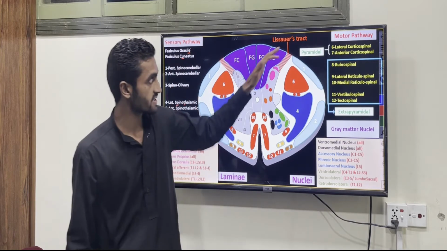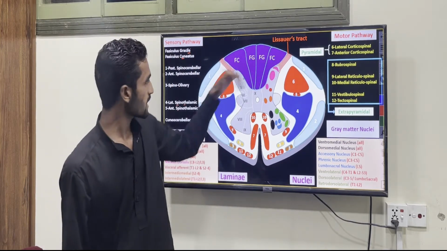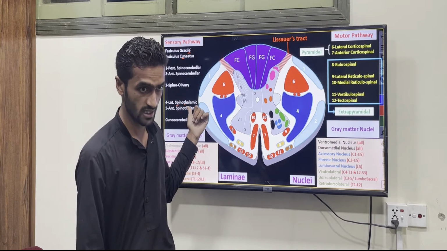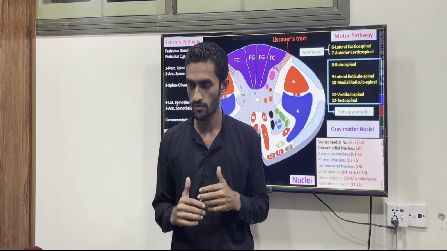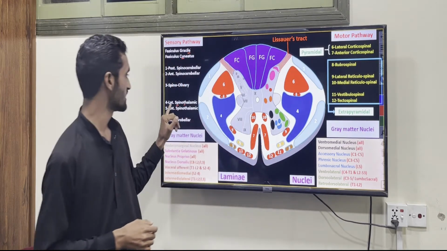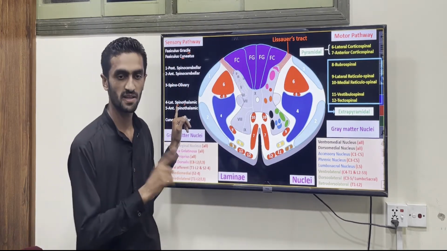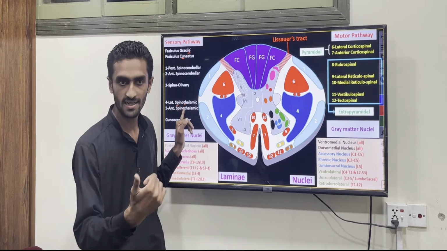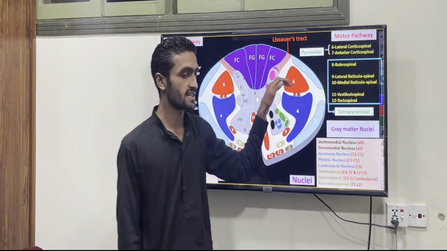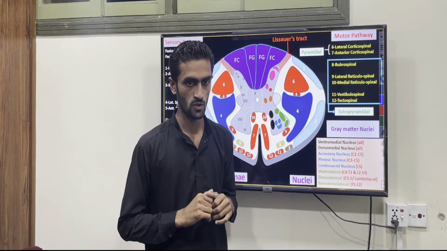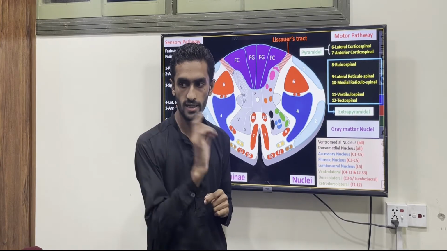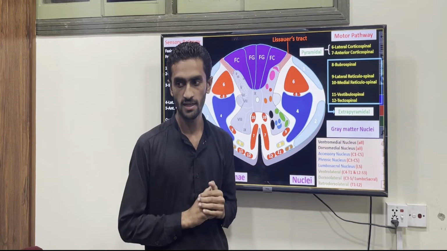This lesser tract I am explaining later, but it is actually associated with your spinothalamic tract, which is associated with P and T. Just remember, P is pain and T is temperature. When these tracts enter here, for example at the level of T6, they do not cross the midline at T6 level.